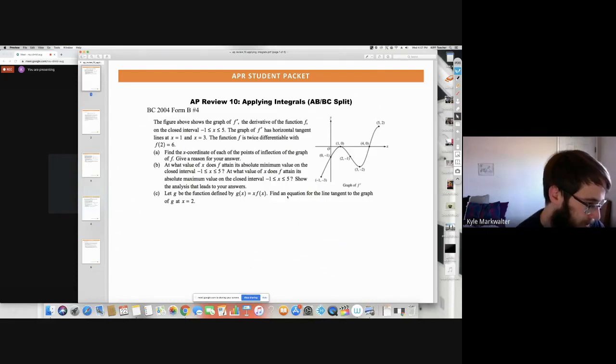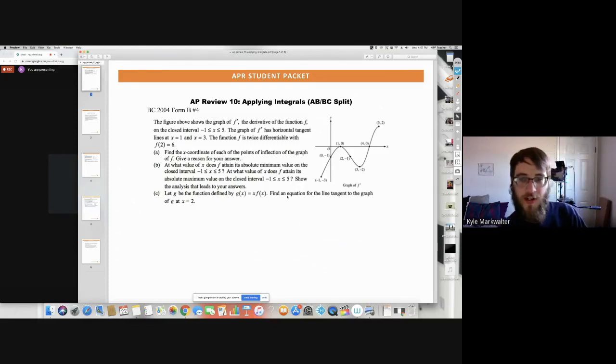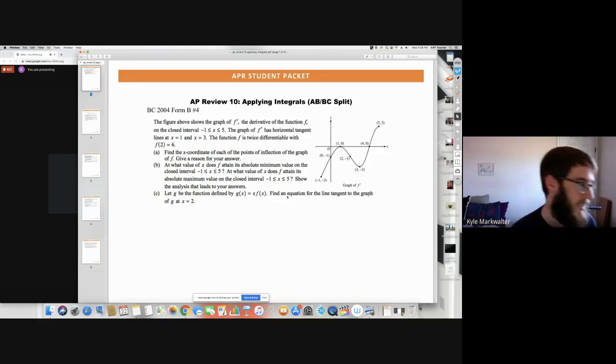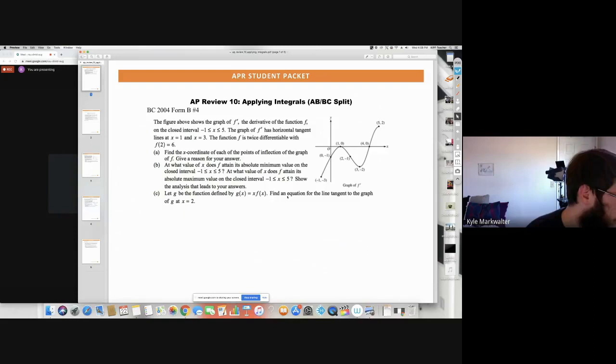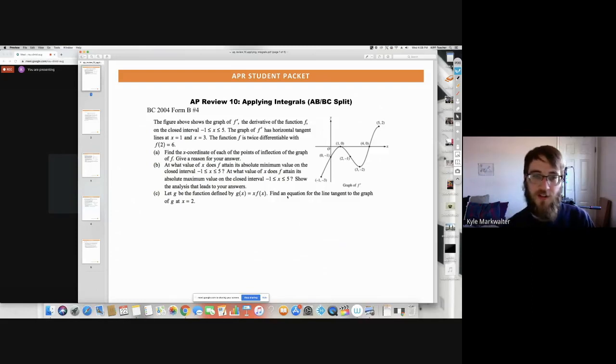But at the start, to provide us with some continued practice at some challenging questions, I want us to take a look at a question. It says BC 2004, wasn't the BC exam, but it is a question that is good for both AB and the BC test. I want us to try some things on your own and then get some feedback.